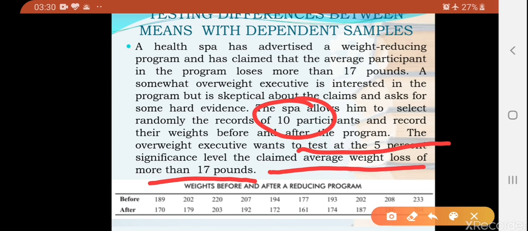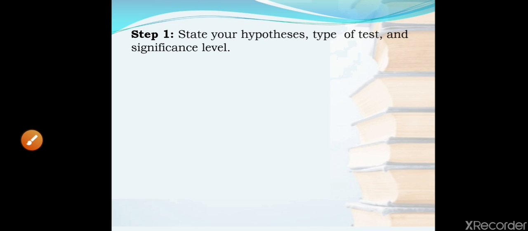So 10 participants are there. 10 participants means less than 30. It means we will go for the t distribution. If it would have been more than 30, then we would have followed the normal distribution. So this is the first step: state your hypothesis, type of test and significance level.